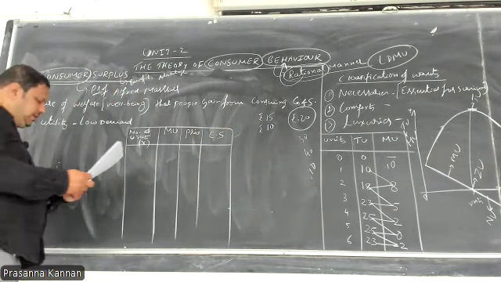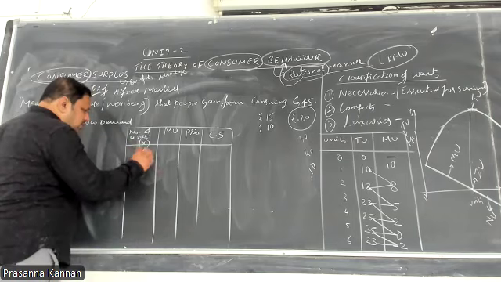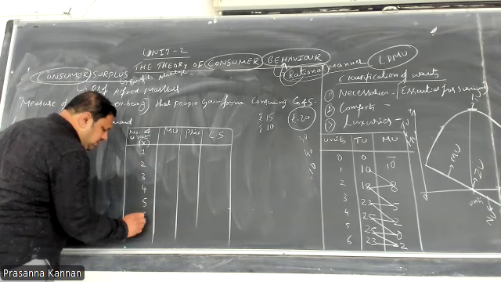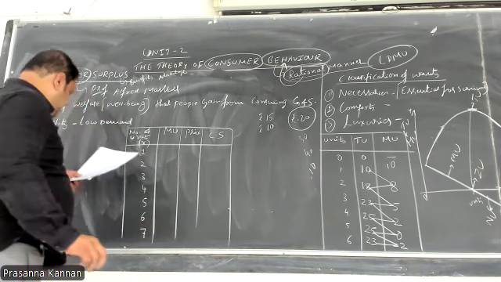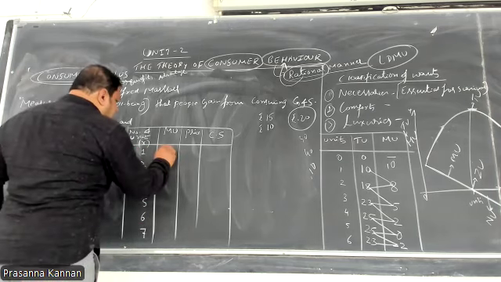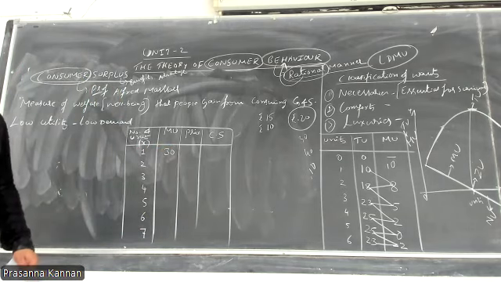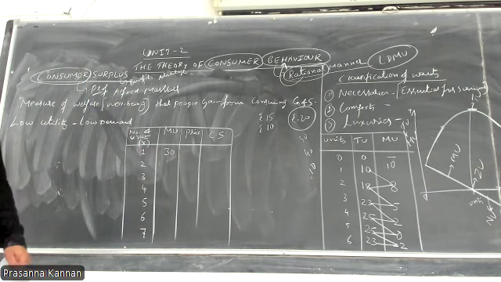Now let me take the number of units as 1, 2, 3, 4, 5, 6, 7. MU, let us say, does it increase or decrease? Does the marginal utility of a consumer usually increase or decrease? It decreases, no. Marginal utility of a consumer always diminishes.